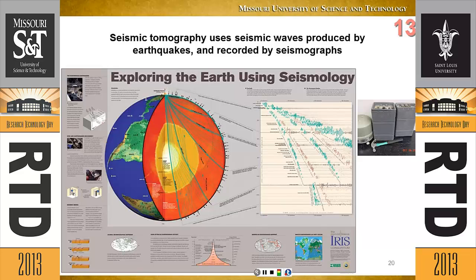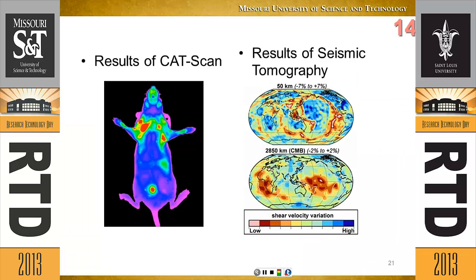Every time there's an earthquake, the waves travel through different parts of the Earth and get recorded by the sensors. So you can see these are wiggles. Through these wiggles, we can see a lot of things about the Earth. So this is a result of a CAT scan, right? You can see the different structure there. And this is a result of seismic tomography. You can see all this low velocity structure here.